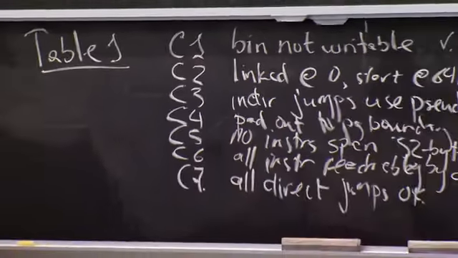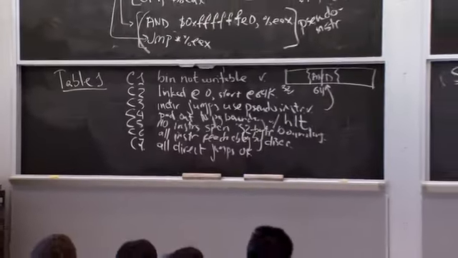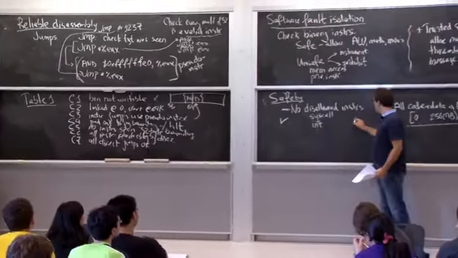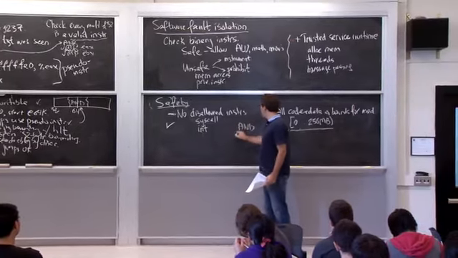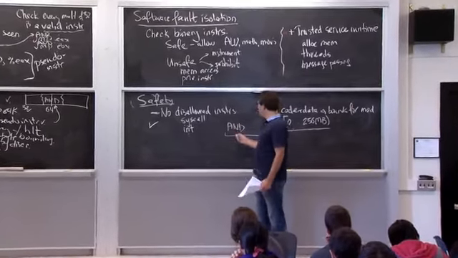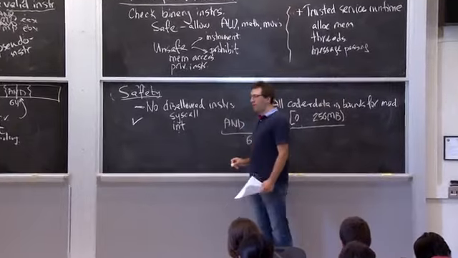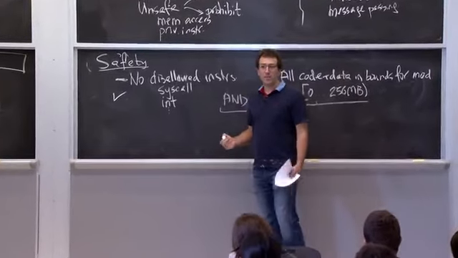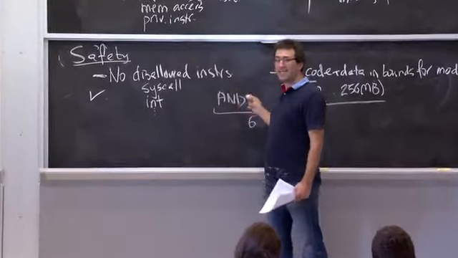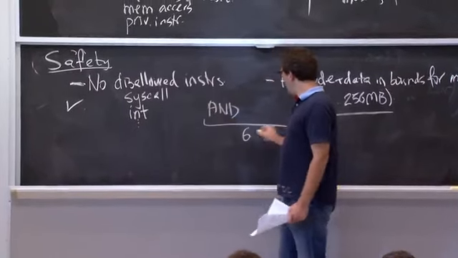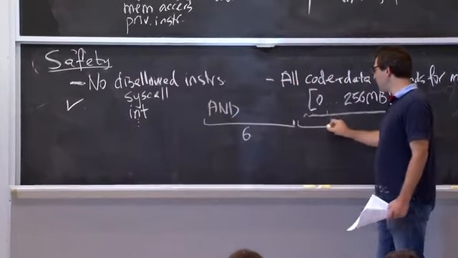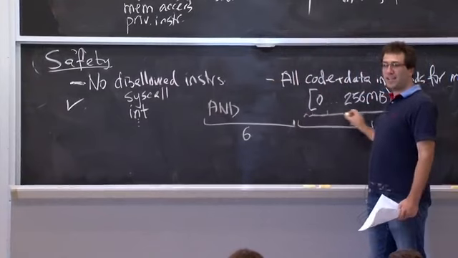Yeah, so suppose that there's some fancy variant of some AND instruction that you could write down, and maybe the validator gets that wrong and thinks this guy is actually 6 bytes, when in reality it's 5 bytes long. So you could plop this AND down, and then the validator thinks, oh, it's 6 bytes, so I'll look 6 bytes further, and I'll check whether this is a valid instruction.